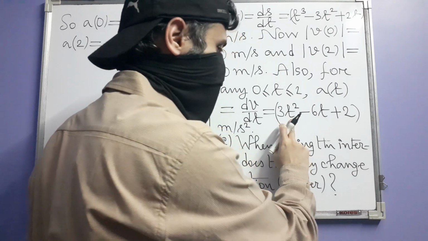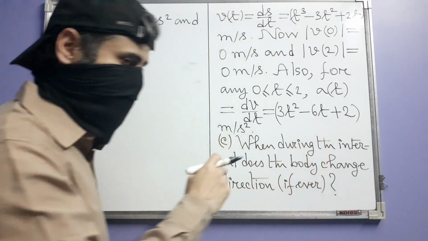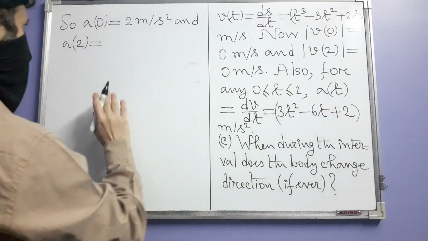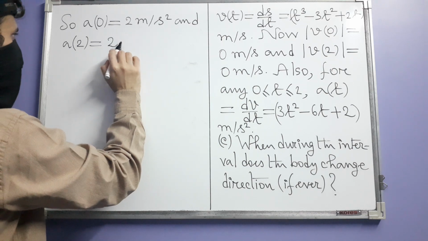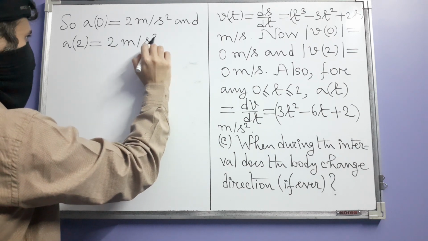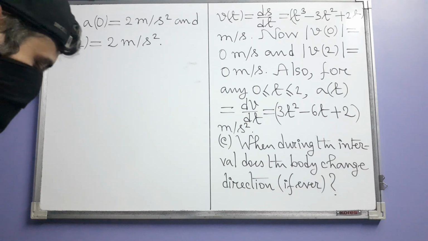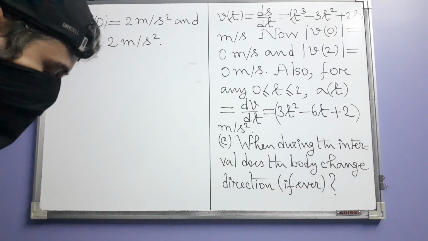You are having 12 here because t is 2. This term is also 12, actually minus 12. So they cancel out and you are left with 2. So that way you get this one also 2 meter per second square.